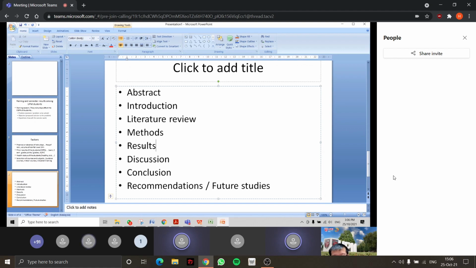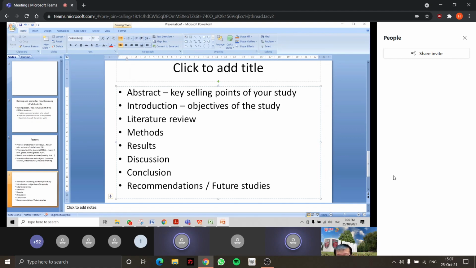Now, having said that, what will be the key points of each of these segments? The first one, abstract, will be the key selling points of your study. Introduction, the most important will be the objectives of the study.